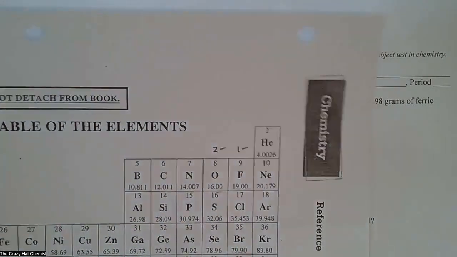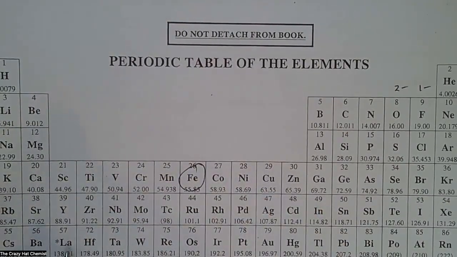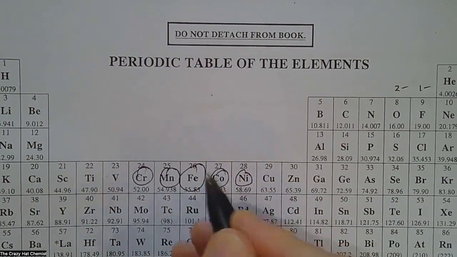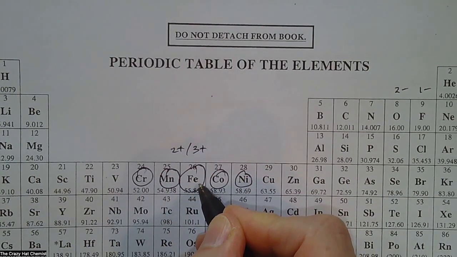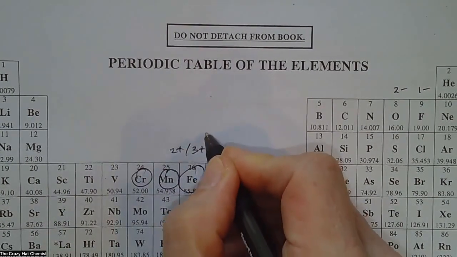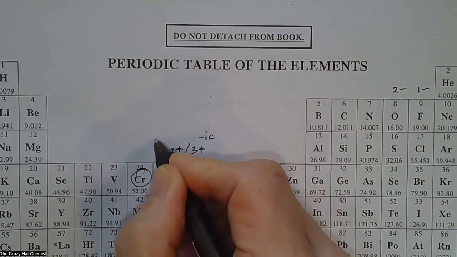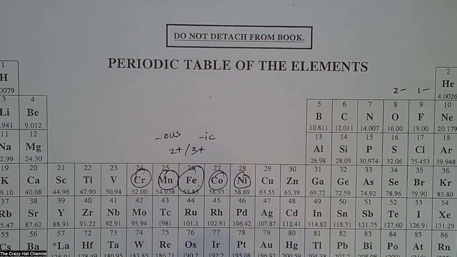Oxide has a 2 minus charge. And right over here is iron. And it's actually 1, 2, 3, 4, 5 elements that have 2 plus and 3 plus charges, iron being one of them. And the IC is designating that it's the higher of the 2 charges. If it had an OUS ending, it would be the lower of the 2 charges.